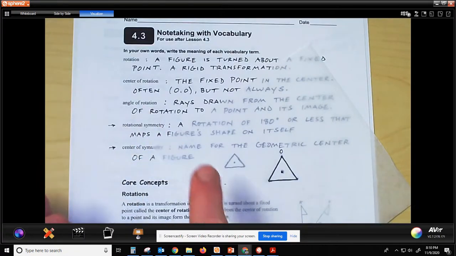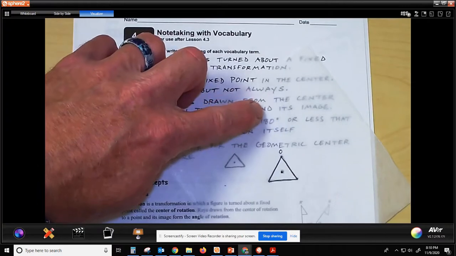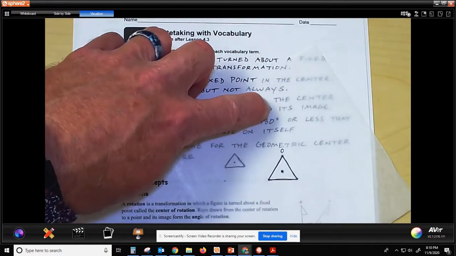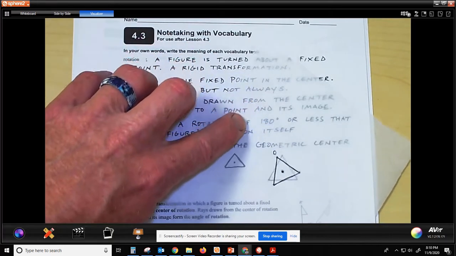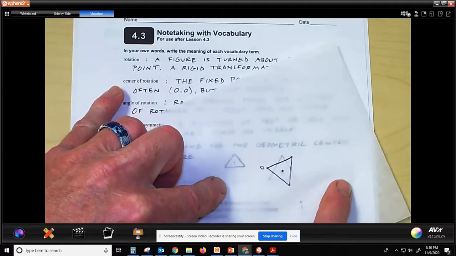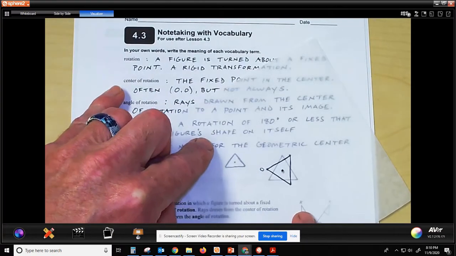A rotation of 180 degrees or less that maps a figure shape on itself. So point O, straight north. Let's see, this would be about 90 degrees in rotation here, about there. And it keeps going.